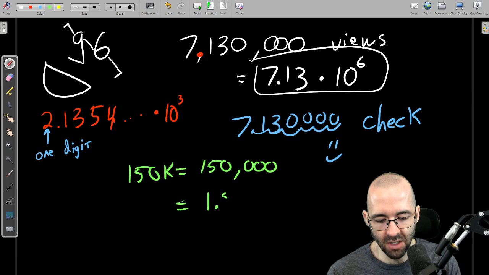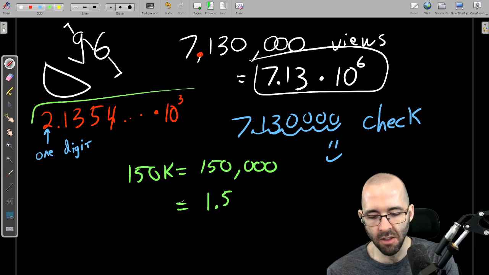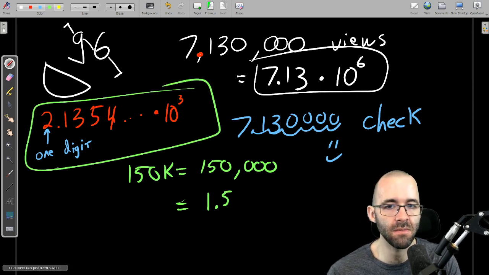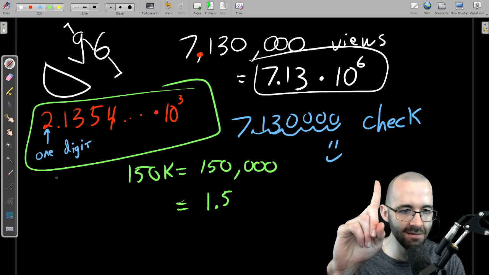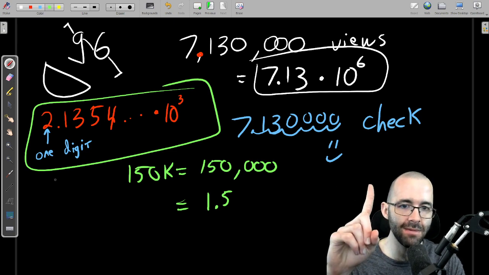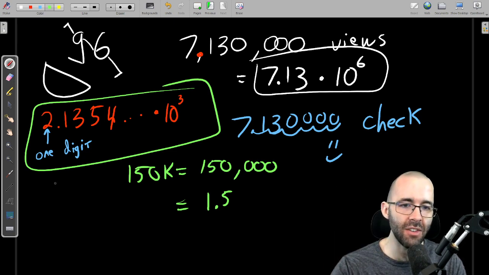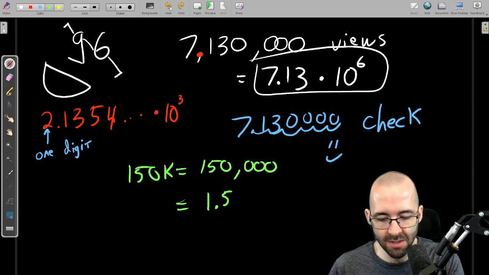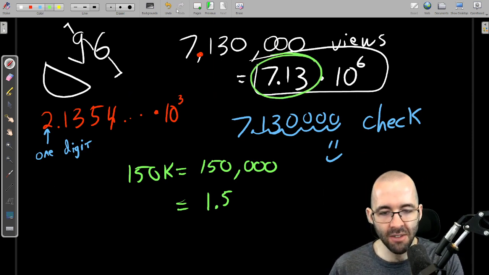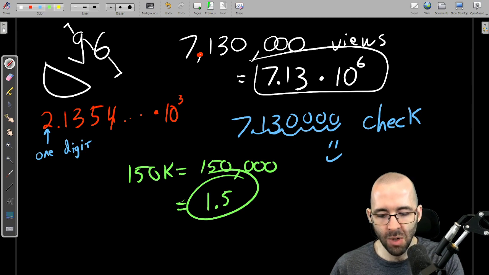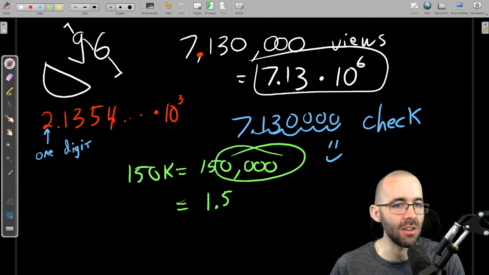We know it has to look like 1.5 because of the format for scientific notation. The first digit, it's a 1. And then everything after goes after the decimal place. So here we had 2 things after the decimal place. Here we only need 1 because everything else is 0 after that.